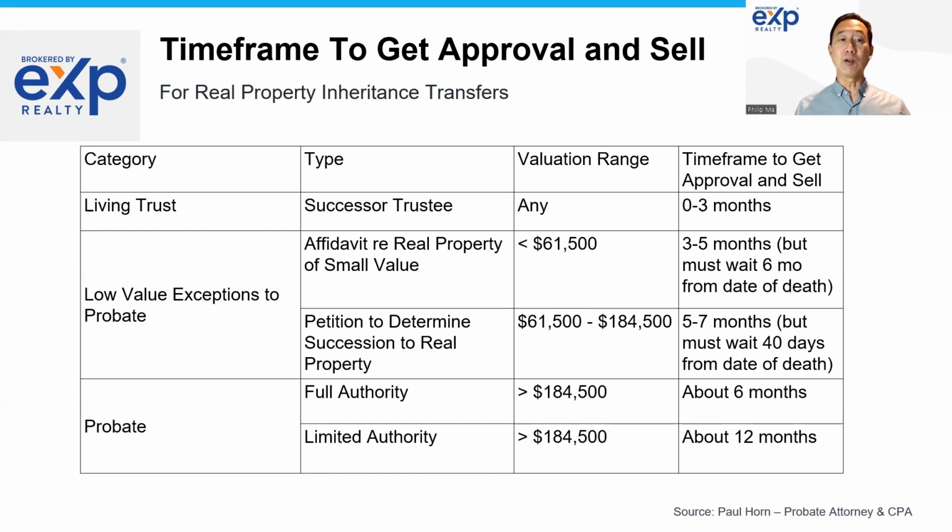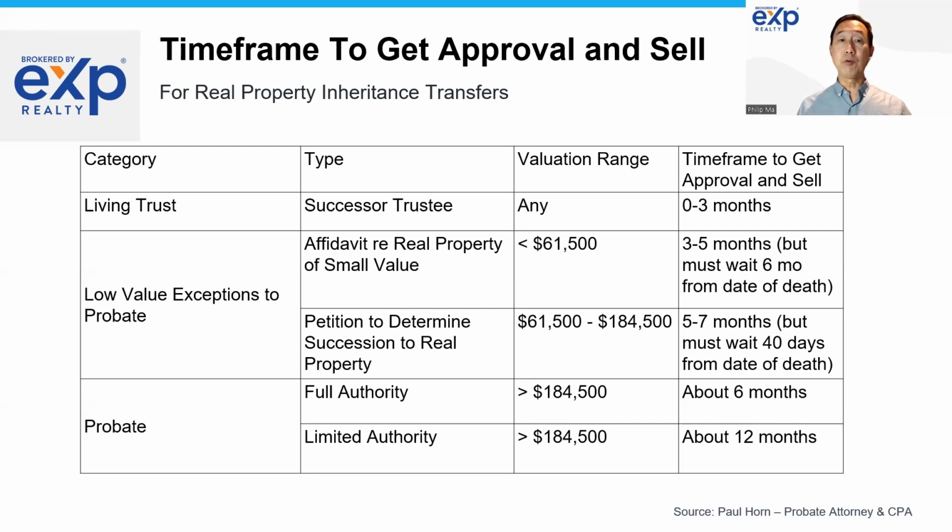With the second category, the low value exceptions to probate, there's a couple of subcategories. The first is where the property is worth less than $61,500. Now, this is June of 2024, so that amount may go up or down depending on when you're viewing this recording.